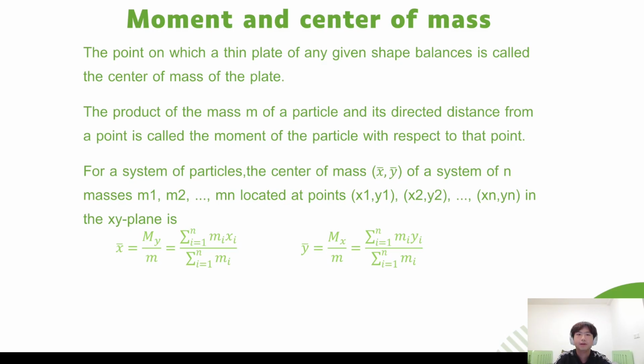For a system of n masses m1, m2 to mn located at the points (x1, y1), (x2, y2) to (xn, yn) in the xy plane, the center of mass is given by the following formulas.